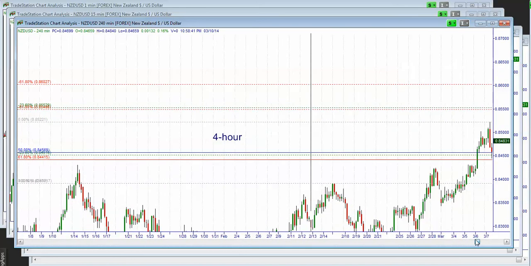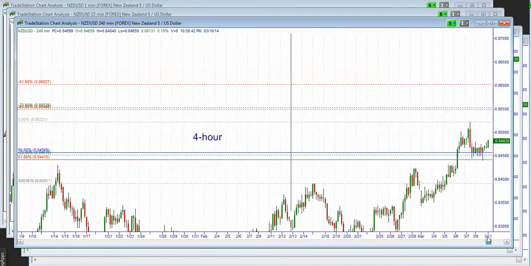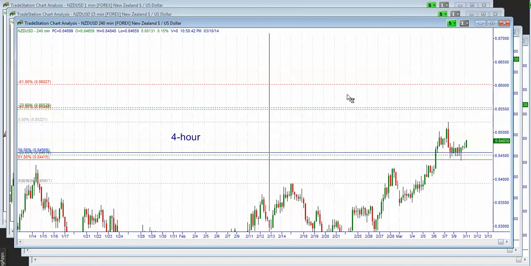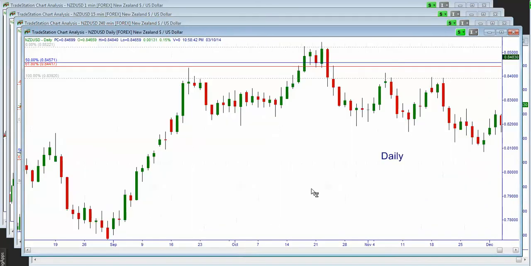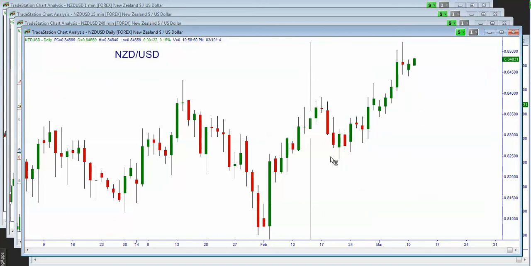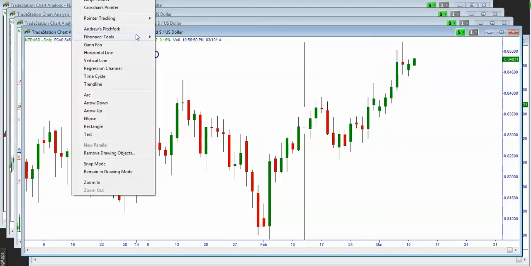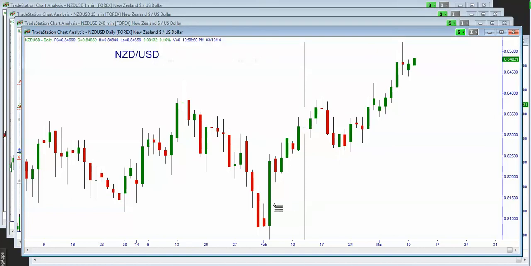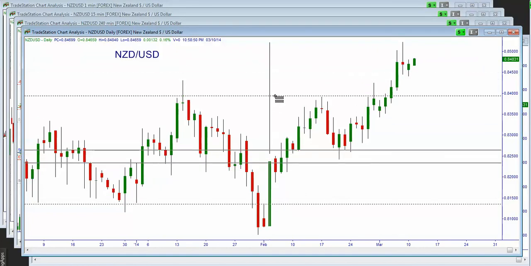So the exit here would definitely be 0.8550 for this market, because this would bring price into the second target of the wider move on the daily chart here, which is an extension.